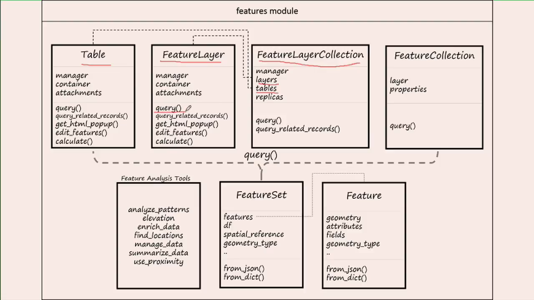And then, how do you go further from there? You do the query method on a feature layer, specify a SQL query, or with numerous other parameters. We're going to look at the different ways of doing queries in the demo right after this. You get a feature set object. A feature set, as the name indicates, is a collection of feature objects. So a feature set has a features property, which gives you a Python list of feature objects.